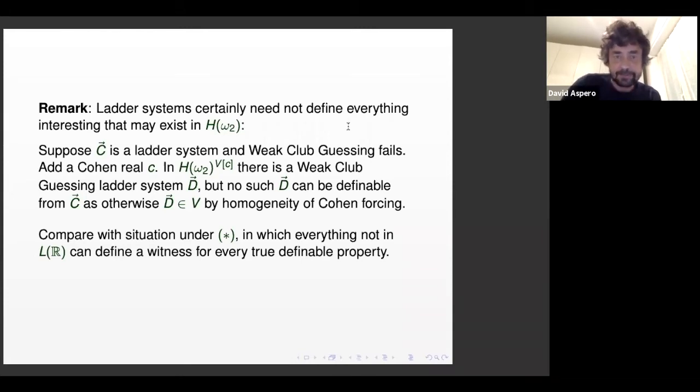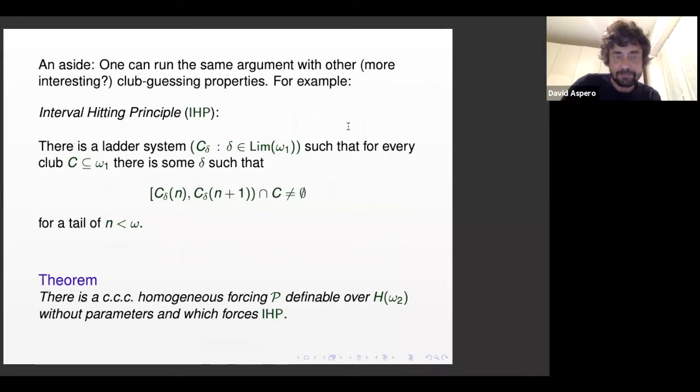Right? And yes, you could run similar arguments with other more interesting club guessing properties. I want to mention this because I have a question in a moment.